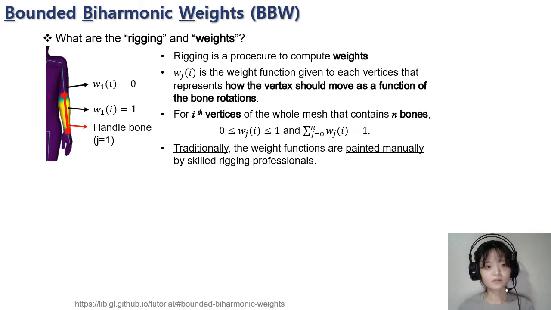Firstly, what are rigging and weights? Rigging is a procedure to compute weights, as written here. The weight represents how a certain vertex should move as a function of bone rotations.